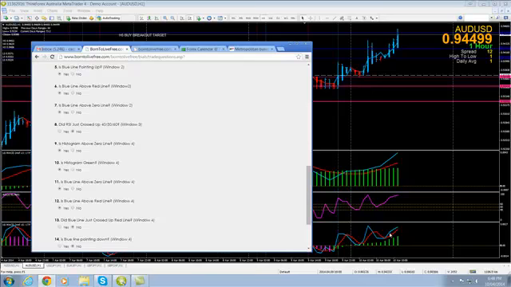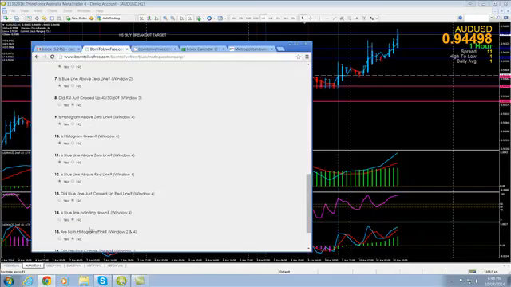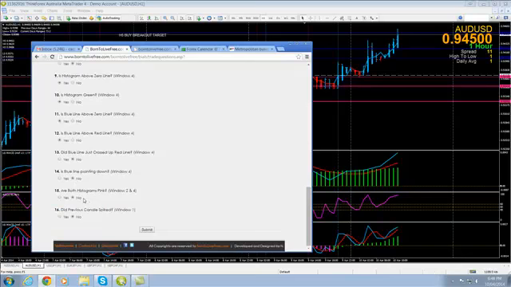So it has to be about here. So this question will also be a no. Question 14, is the blue line pointing down? It's definitely not pointing down, so we'll leave it as no. Are both histograms pink? They're definitely not pink, so that's a no. And did the previous candle spike?